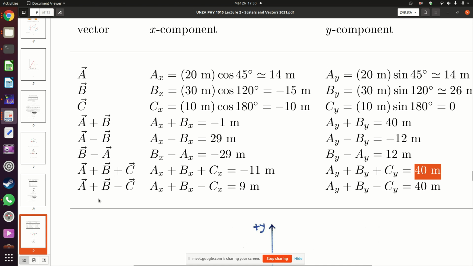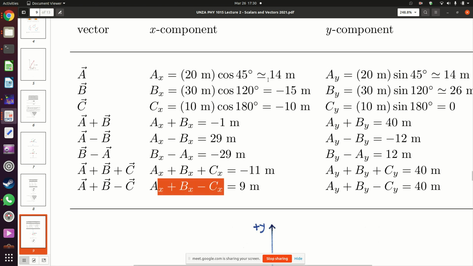Then you're not restricted to only doing addition; you can do a combination of addition and subtraction if that's what you want. So in this case, for A plus B minus C, this is another vector, and we need to find out how much this vector is along the x-axis and how much it is along the y-axis. A plus B minus C along the x-axis is going to be Ax plus Bx minus Cx.